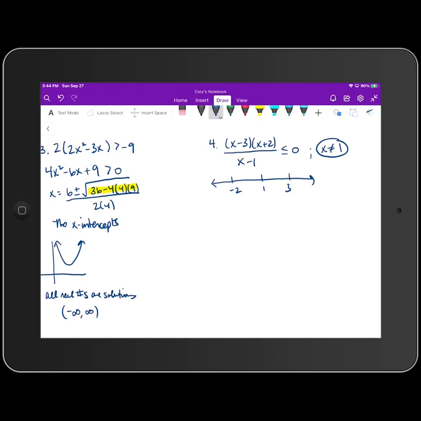Okay, now we want to test our intervals again. Now we're going to do the same thing as we did with the polynomial inequality to test the rational inequality. So I'm going to pick one of the intervals to test. Let's say I pick the leftmost interval. So I want to pick a value that is smaller than -2. Let's say I pick -3.